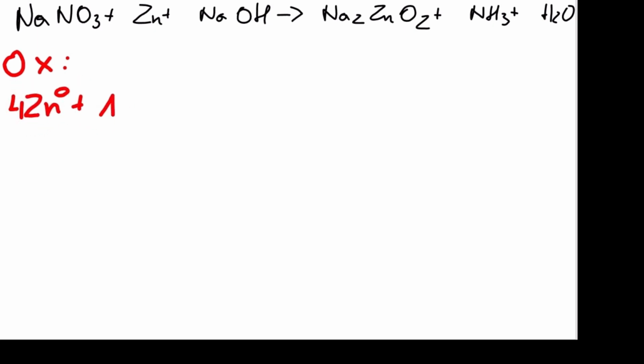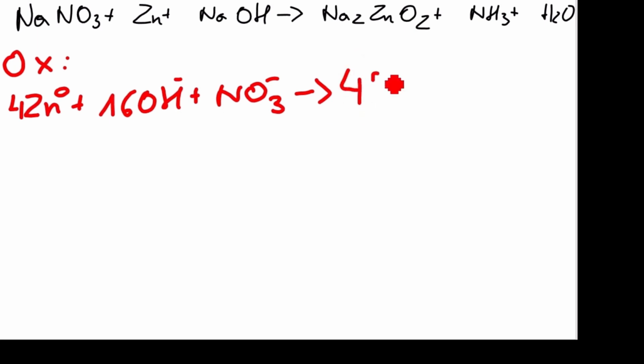We have 16 hydroxide anions. We have one nitrate anion, yes, and that's all. And we get 4 zincate anions.